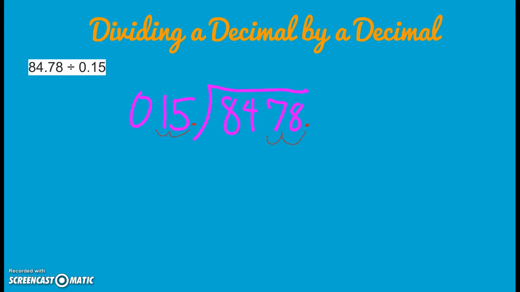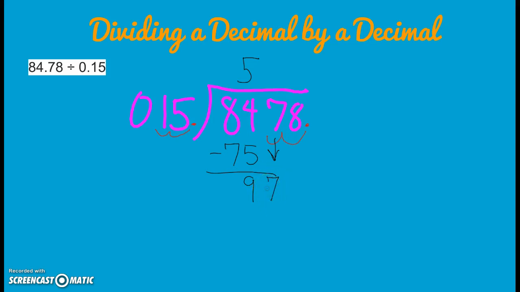So 15 is going to go into 84 five times. 5 times 15 is 75. And I subtract. 84 minus 75 is 9. I bring down my 7.